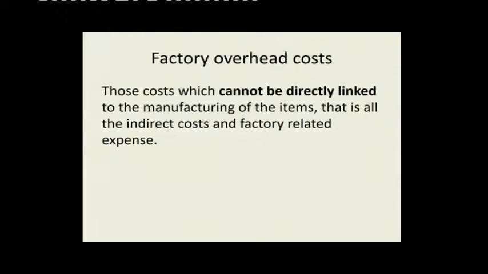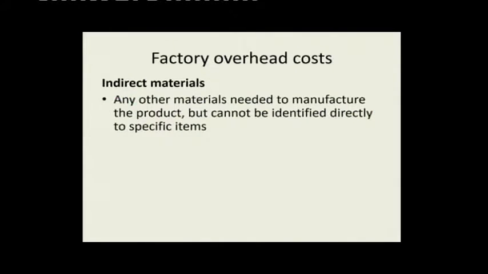Okay, your factory overhead costs. These are the costs that cannot be directly linked to the manufacture of the item. In other words, you cannot see it in the item, but they all form part of the cost of the item. These are indirect costs and factory-related expenses. So what are factory overhead costs? Indirect materials that I referred to earlier on. Any other materials needed to manufacture the item or the product that cannot be identified.